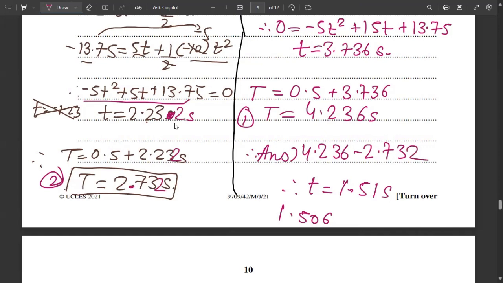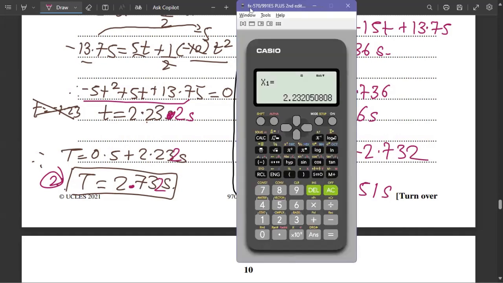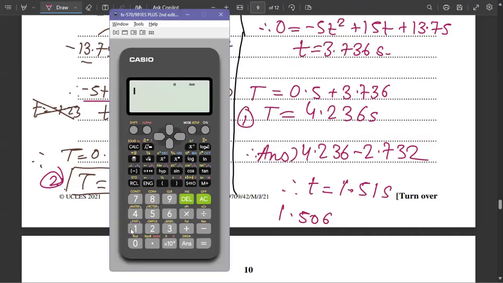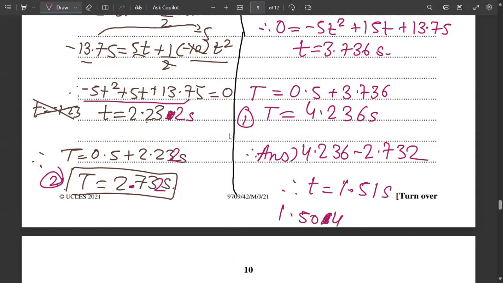So here minus 2.732. Again, if I put this in my calculator, 4.236 minus 2.732, 1.504. Okay. So 1.504. That is 1.50 seconds, because the answer should be in three significant figures.